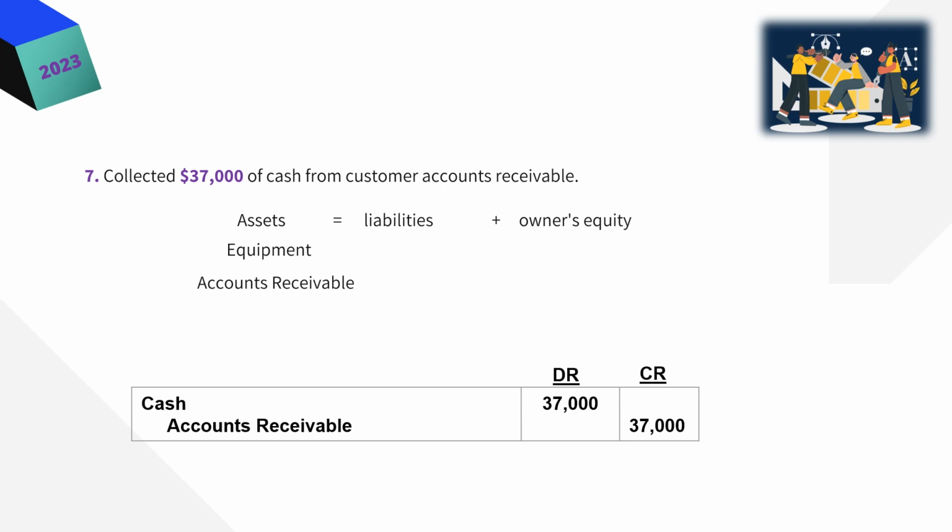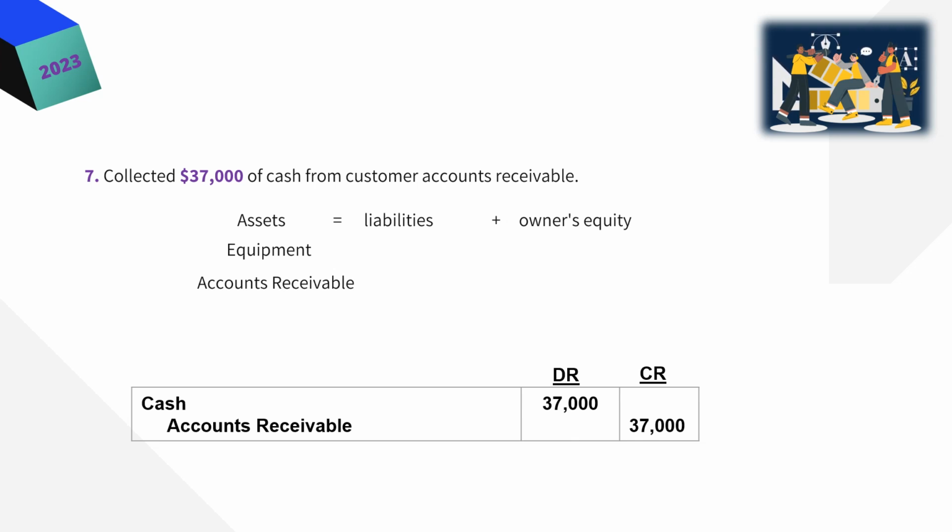The decreasing asset, accounts receivable, because now customers are paying off an obligation, we no longer have a right to collect in the future, the 37, because we're collecting it now. So we must reduce the asset accounts receivable by $37,000. There was no obligation incurred, and owner's equity is not affected.